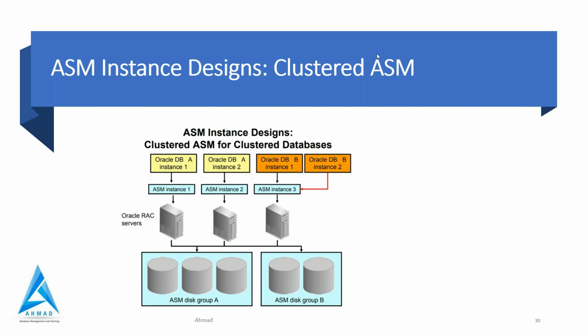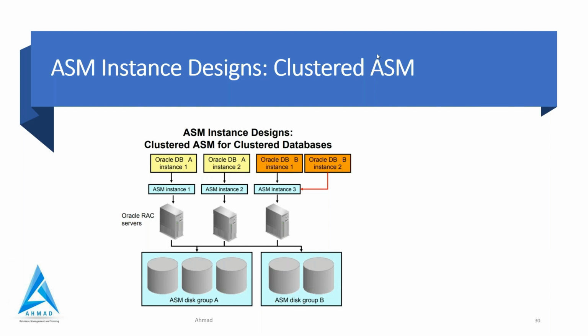And you have 3 disk groups, with 3 disks in 1 disk group and 2 disks in another disk group. One ASM instance resides in one server, another ASM instance resides in another server, and so on.